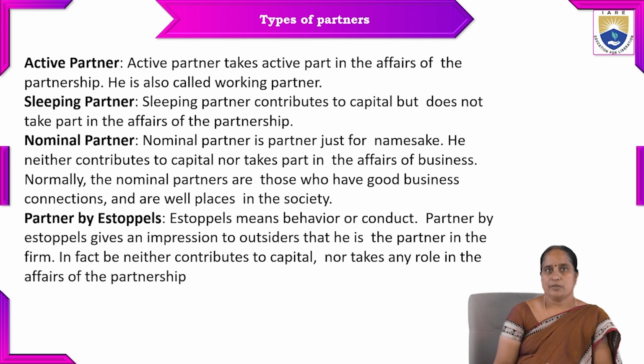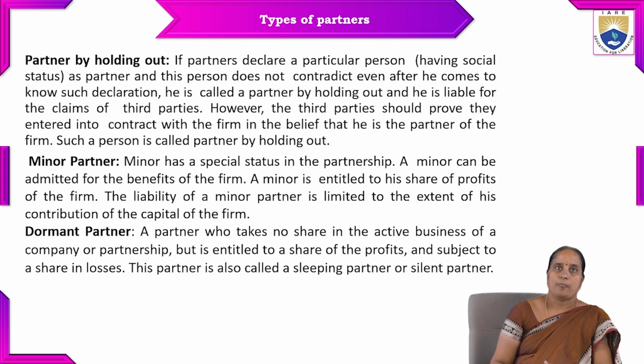We just use their name, and neither do they contribute the capital nor involve in the business affairs. Then partner by estoppel. Estoppel means behavior or conduct. So partner by estoppel gives an impression to outsiders that he is the partner in the firm. But in reality, neither does he contribute to capital nor take any role in the affairs of the partnership firm.